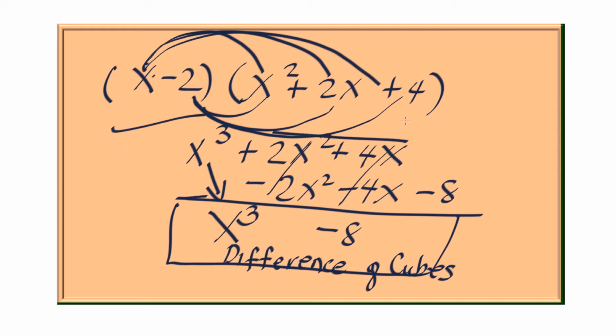So if we're going to reverse the process, say you're given x cubed minus 8. How do you factor this? This is a difference of cubes.